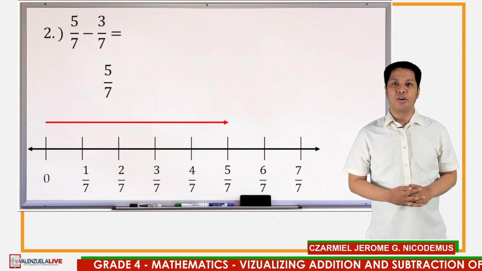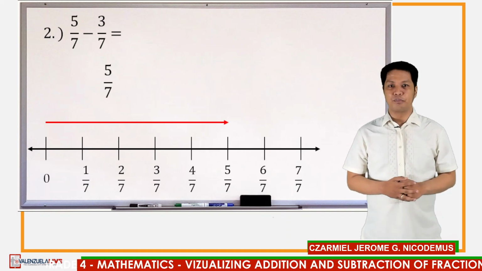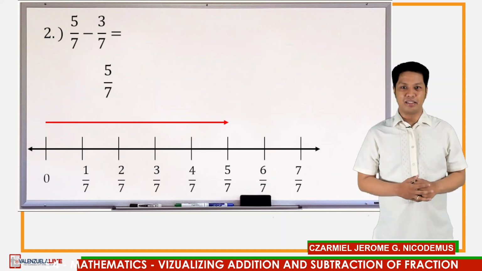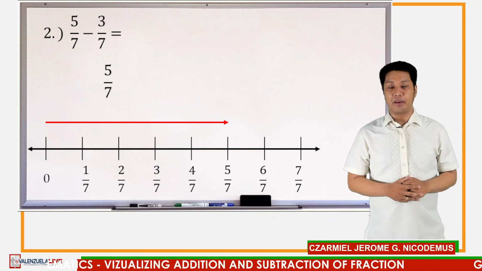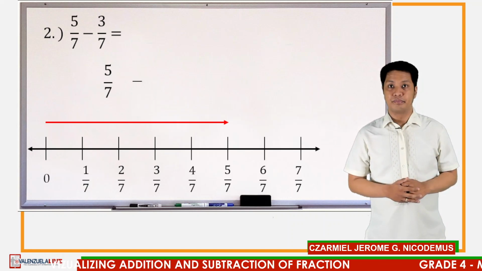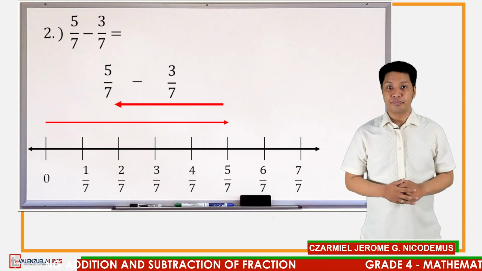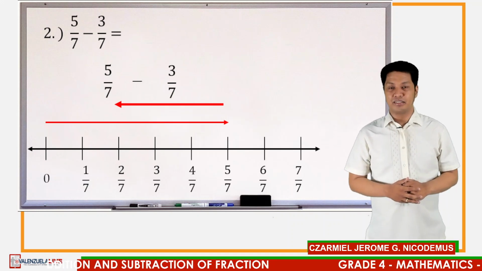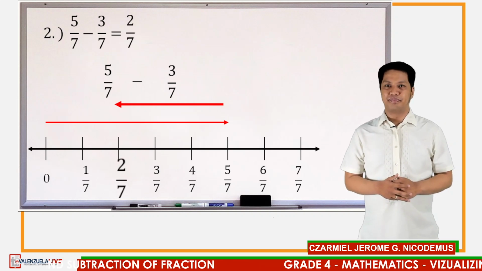So let us draw a line from 0 to 5/7. Then draw a line from 5/7 going 3 lines to the left to represent 3/7. So the answer is 2/7.